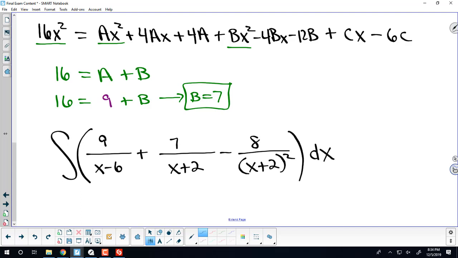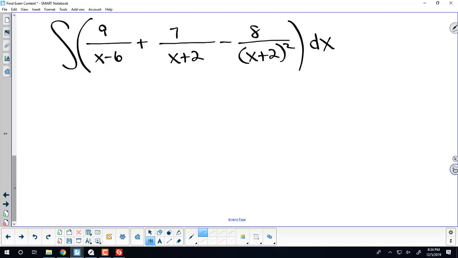A lot of these come out in log form, some come out to be an inverse tangent, and some are u substitutions. So the 9 over x minus 6 is in log form, so that's 9 natural log absolute value x minus 6. Same thing here.